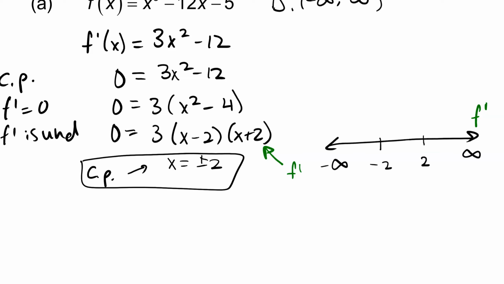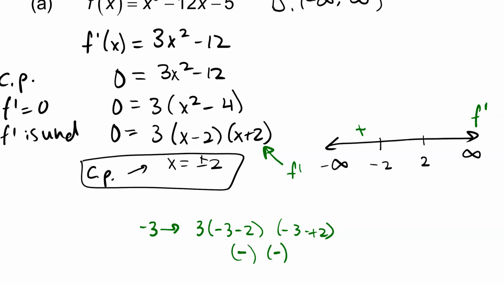I plugged in negative 3, and I don't really need to know the numbers. It's negative times a negative, which turns out to be positive, and then it switches: plus, minus, plus, because of multiplicity.